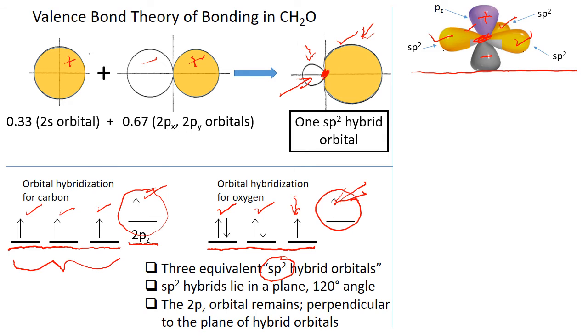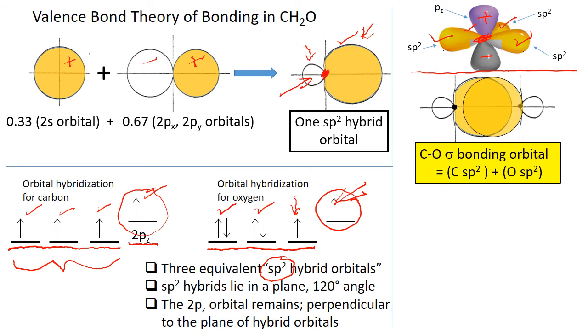I'm going to consider the sigma bonds, which lie in the plane, separately from the bonds that are formed from that pz orbital, which is perpendicular to the plane. So let's start with the sigma bonds first. I get an overlap in my CO double bond.